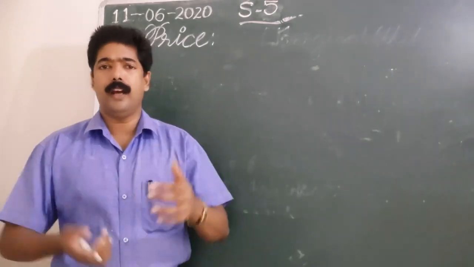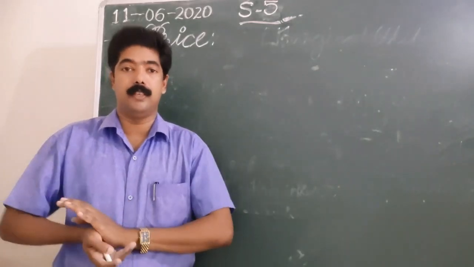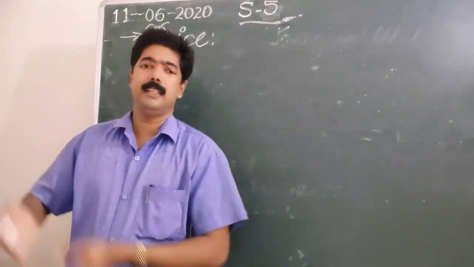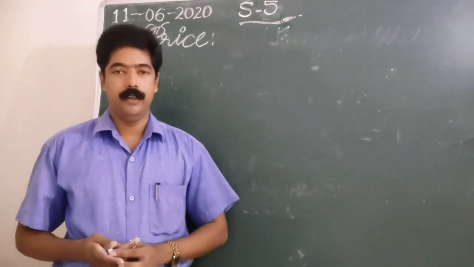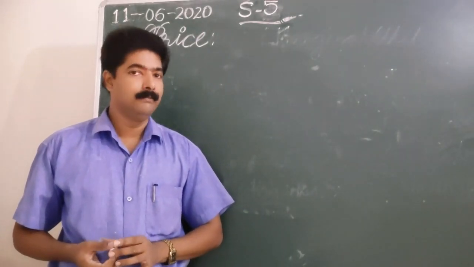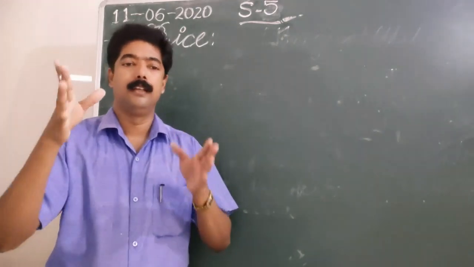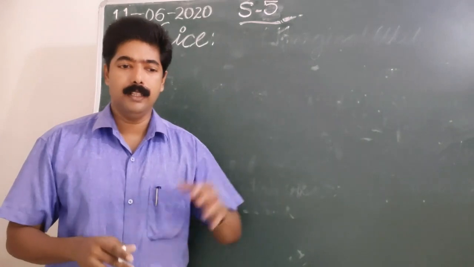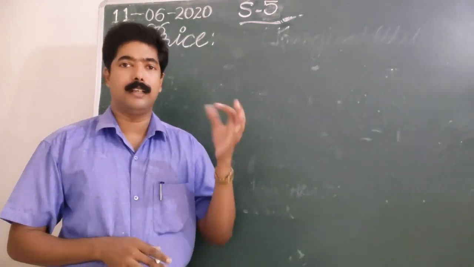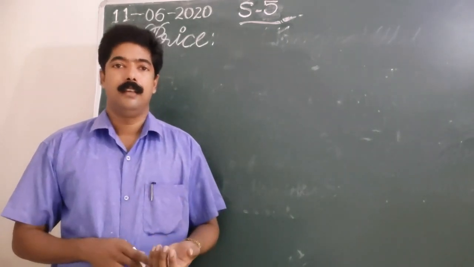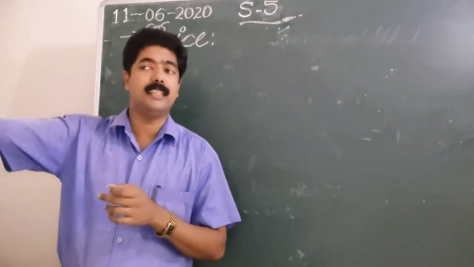We are in need of 100 split ACs, but in the market only 50 are available. So what is happening? Less supply. Demand is more than supply. So that creates a price. It is scarcity. Due to scarcity, there is a price.